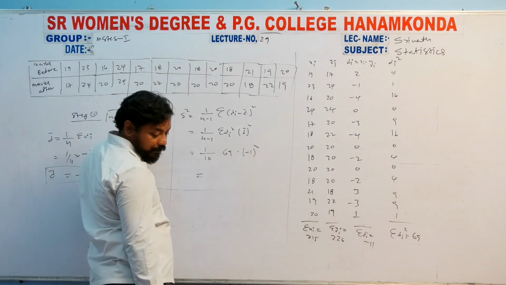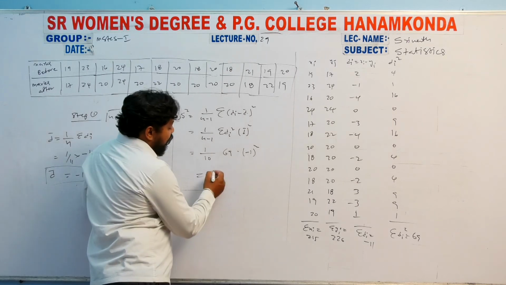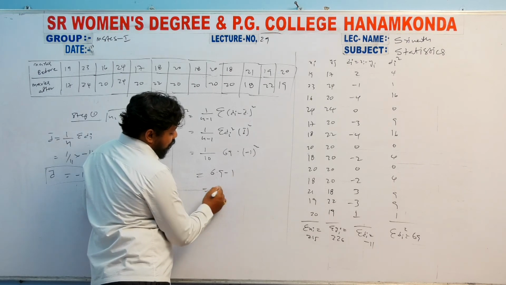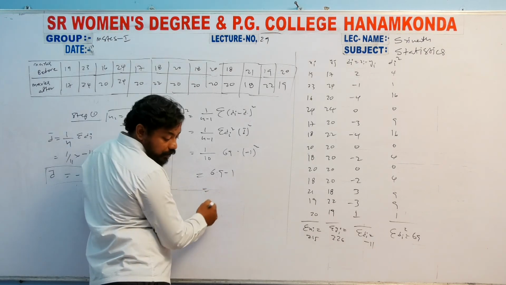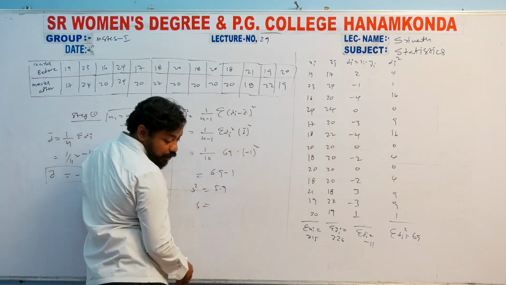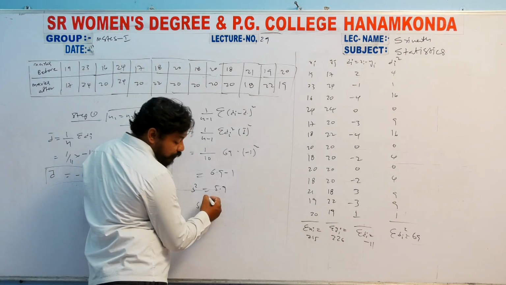So finally the value 6.9 minus 1 is 5.9, that is s square, and s is equal to 2.4.